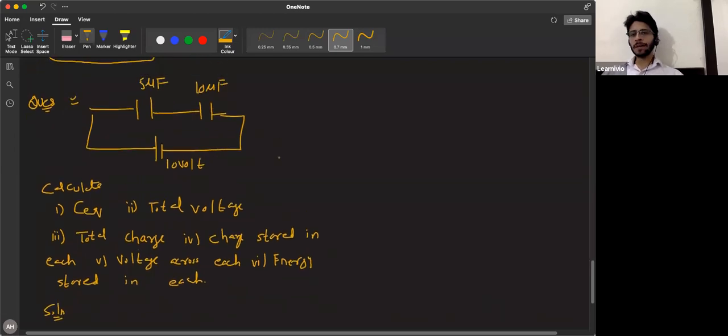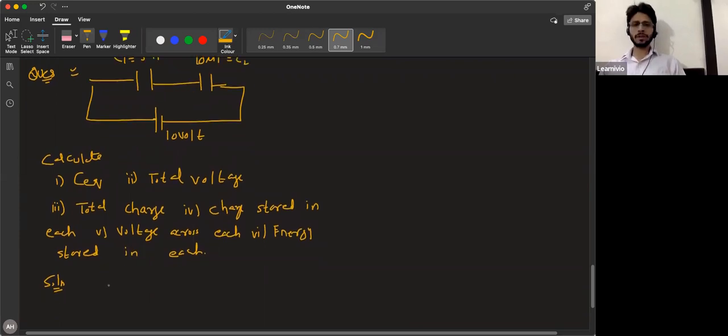C equivalent. You have two capacitors. One is C1, which is 5 microfarad. This is C2. How to calculate C equivalent? Tell me the formula for C equivalent. See, it's a series combination of two capacitors.